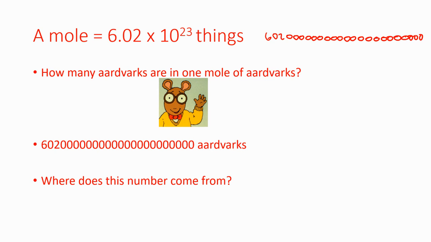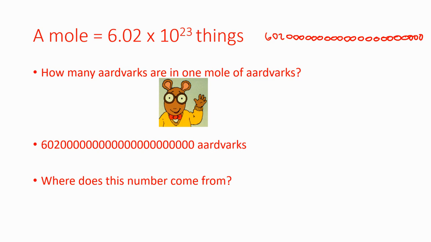If you covered the entire surface of the planet with marshmallows, that is. If you stacked marshmallows on top of one another until you had 6.02 times 10 to the 23rd, you could cover the surface of the earth and probably have a pile of marshmallows, maybe 100 miles deep, maybe even much larger than that. So it's an enormous number.